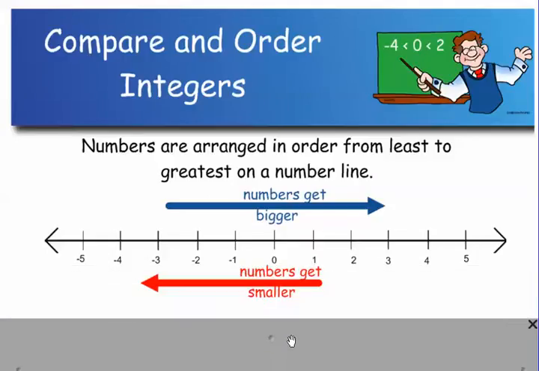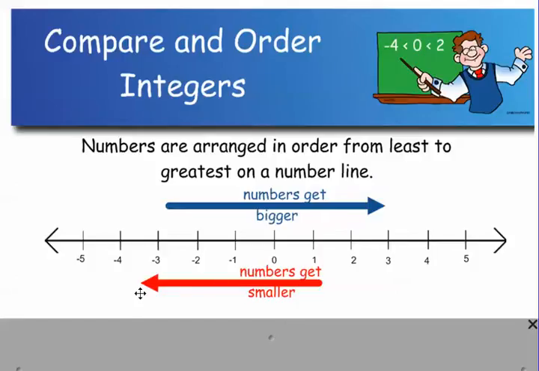All right, so that first number line that you have there, comparing and ordering, I want you to write these arrows underneath that number line. Numbers are arranged from least to greatest on the number line. So the furthest a number is to the right, the bigger the numbers become, and the further it is to the left, the smaller it becomes.